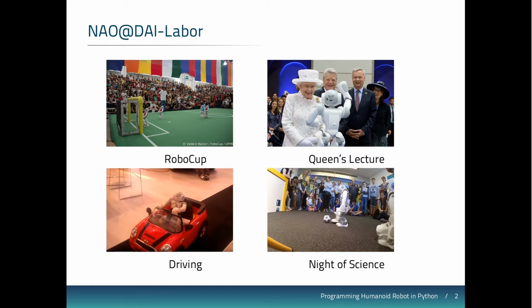We have also showed our robots in the university's ceremony to the Queen. We have demonstrated our robots driving a small car autonomously in CBIT, and we show our robots playing penalty kick in the Night of Science for many years.